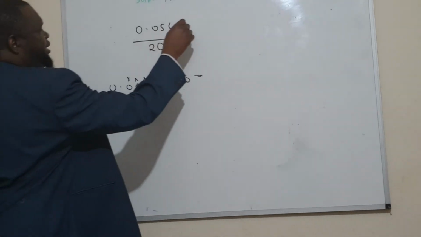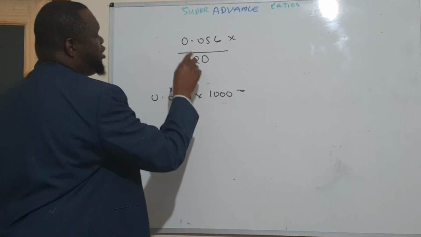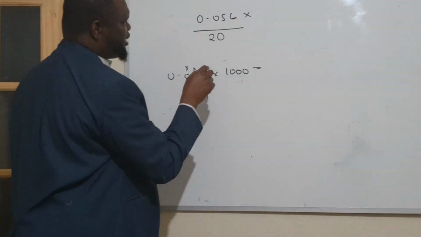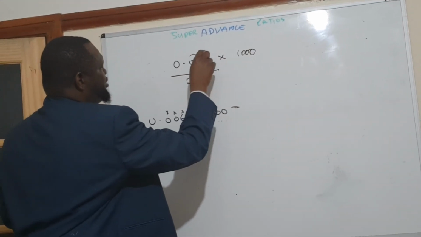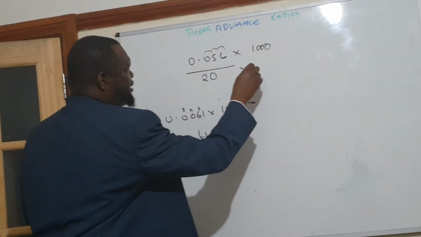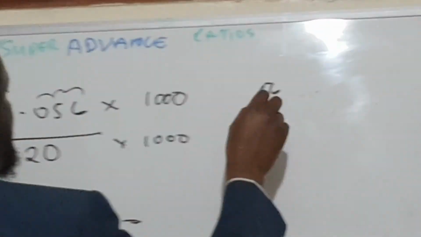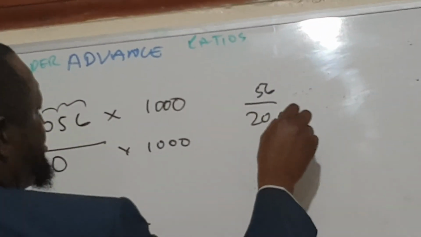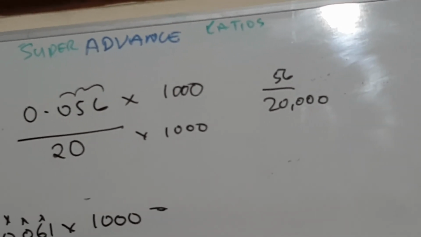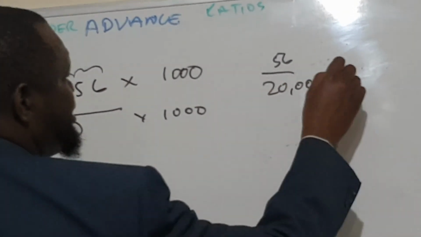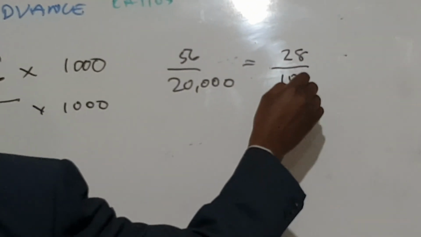Yeah. This is what I'm saying. This is difficult. But to make this a whole number, to manipulate it, we multiply both sides by 1,000 to get rid of the decimal place. So in this case, this will be 56 divided by 20,000. Now you can say this is the same thing as 28 divided by 10,000.